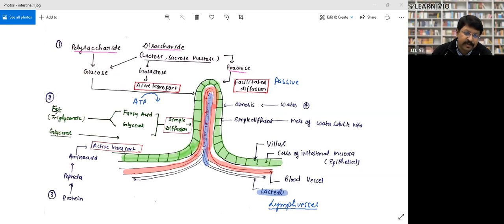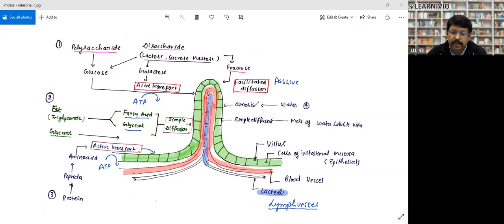Second thing is fatty acid or fat. Fat is converted to fatty acid and glycerol. Both are absorbed by the villi with the help of simple diffusion. Now come to protein. Protein is broken down into peptides, then amino acids. Amino acids are absorbed by active transport, so ATP is required here also.